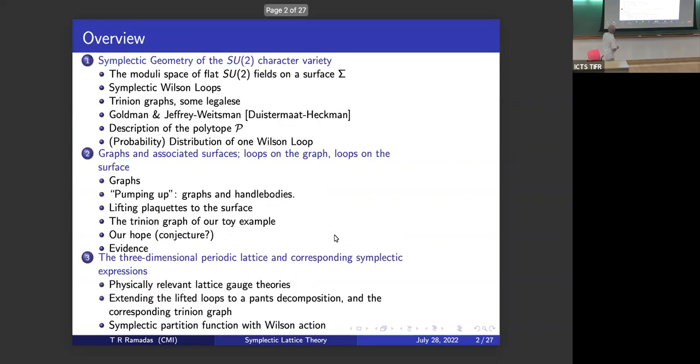Okay, so this is the overview. There's a fair bit of ground to cover, so I will go quickly, but please stop me. I will be working on the board also. That will maybe slow me down a bit.